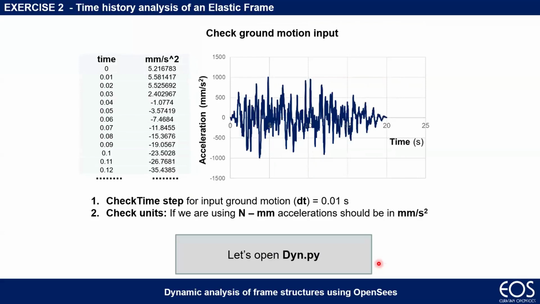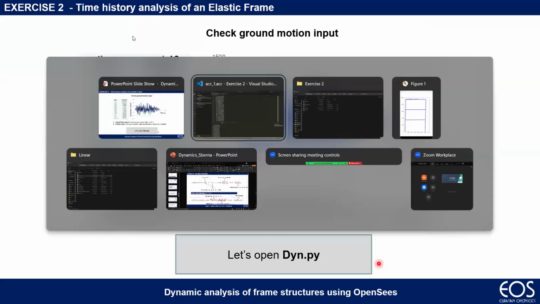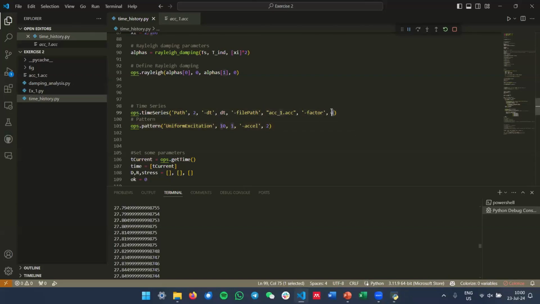Regarding the G values: after you multiply the G, you have to put it in the factor. You can either modify the list of values that you have, or put it as a factor here. For example, I'm using one since my accelerations are still coherent with the unit system of my structure, which is millimeters per square second.